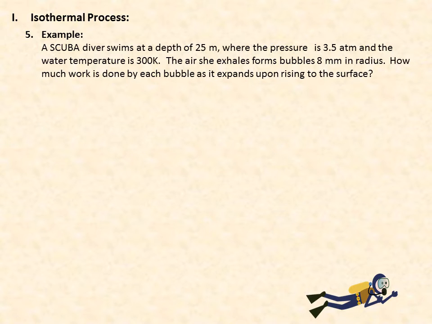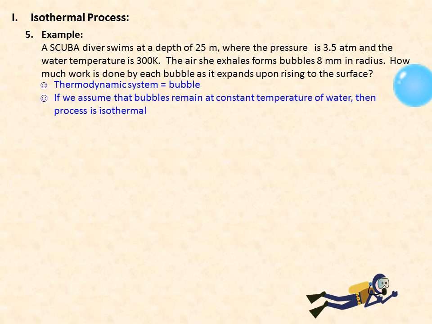So we always start by defining our system, and our thermodynamic system in this problem is that of a bubble, which we will consider to be an ideal gas. So let's see here, we've got a bubble. Notice what happens to this bubble as it rises to the surface: as the pressure decreases on it, the bubble expands. We're asked to find how much work is done by each bubble on the environment as it expands.